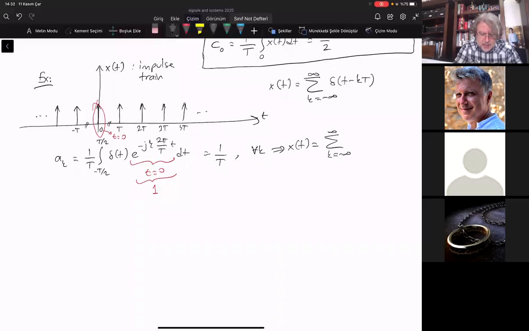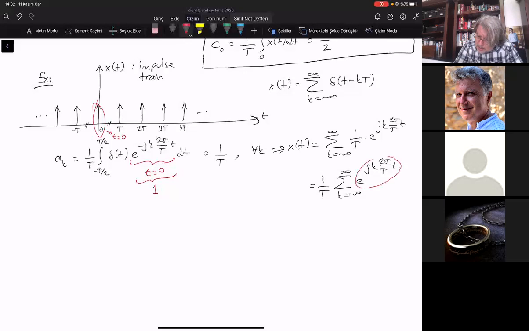So ak is 1 over capital T, and the harmonic is e to the j k 2 pi over capital T, or omega 0, t. The 1 over T can be taken out, and the same, k from minus infinity to infinity, e to the j k 2 pi over capital T, t.